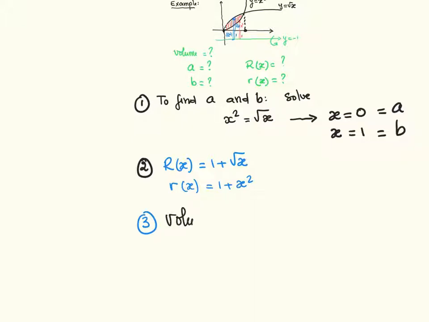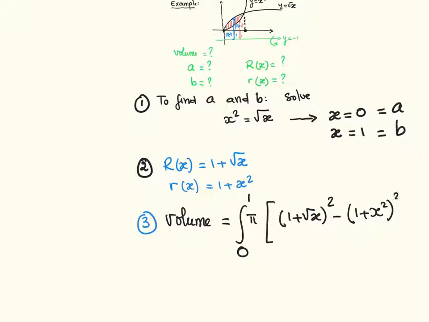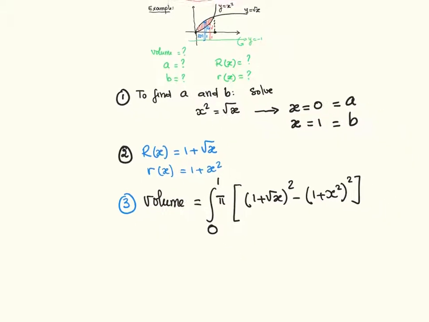Once I have this, then of course I can now write the volume. So the volume will be the integral from 0 to 1, pi, the outer radius 1 plus square root of x squared, minus the inner radius squared, dx.